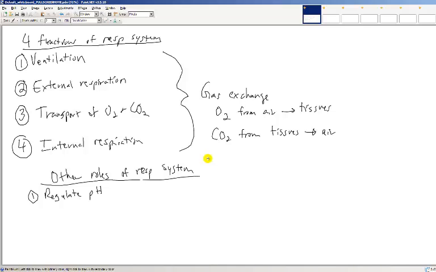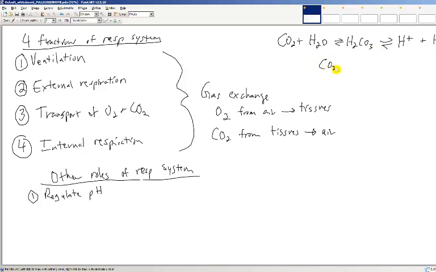So, as you hopefully remember, as CO2 levels in our body go up, we get that old equation where CO2 combines with water to make H2CO3, which then goes to make H plus and HCO3 minus.